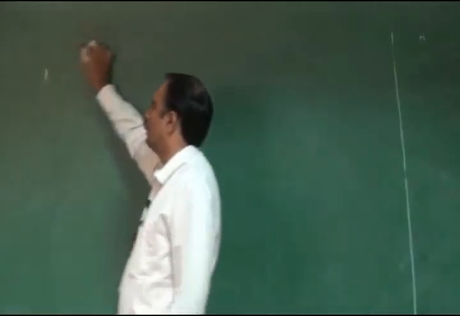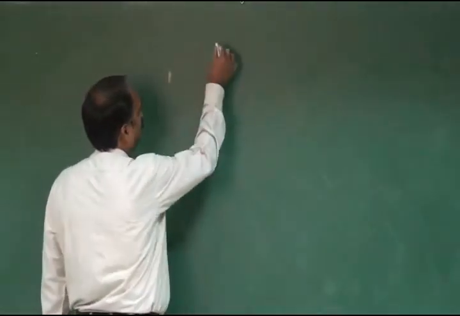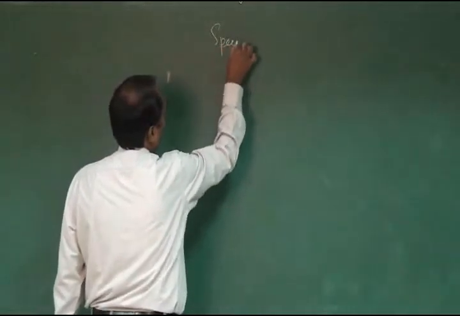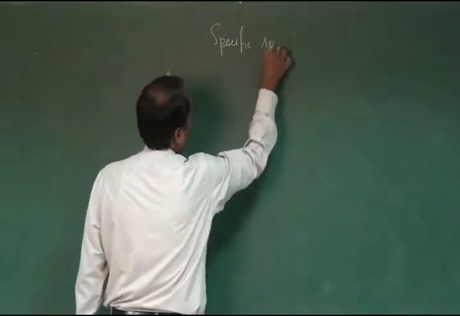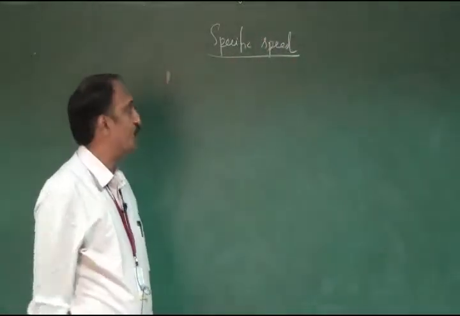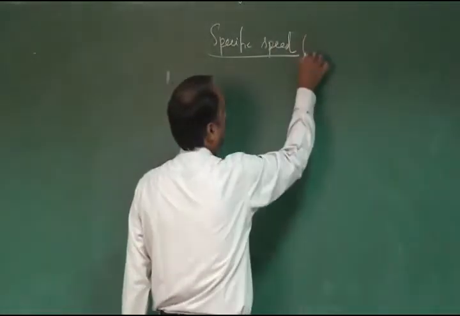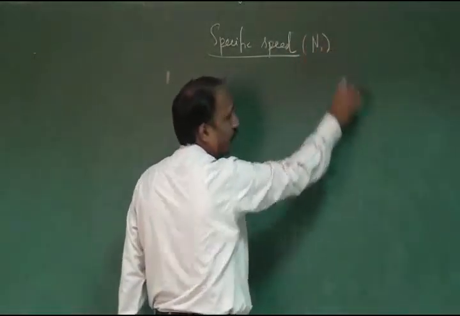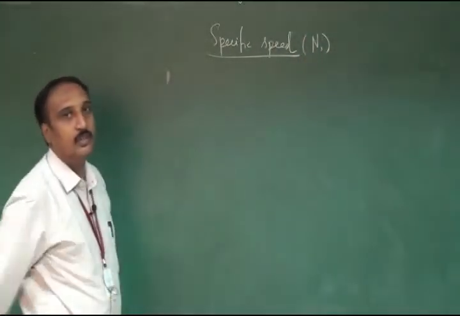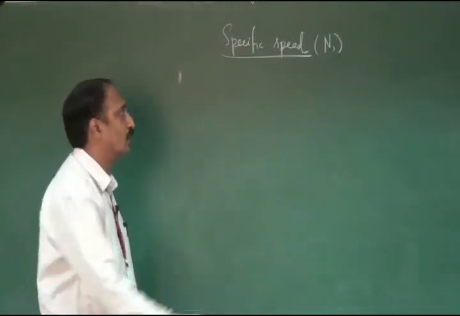Okay, so now we are going to discuss the significance of the specific speed of the turbine. It is a non-dimensional number which is used to relate or compare different types of turbines.